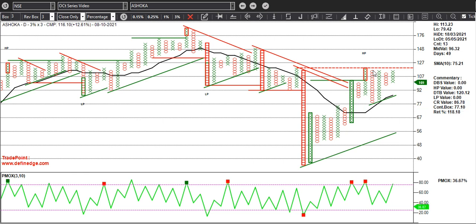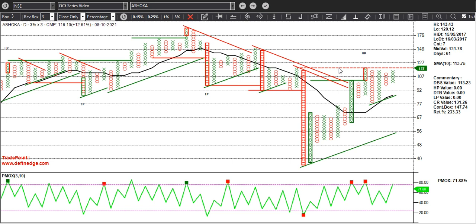This was a broadening pattern wherein you get a buy signal and then a sell signal, but it was negated by a 100% pole. Now there is a follow through. If you see, this is the resistance line.